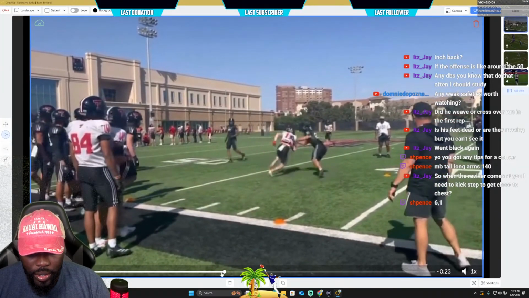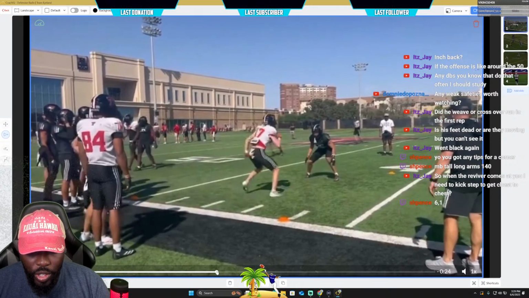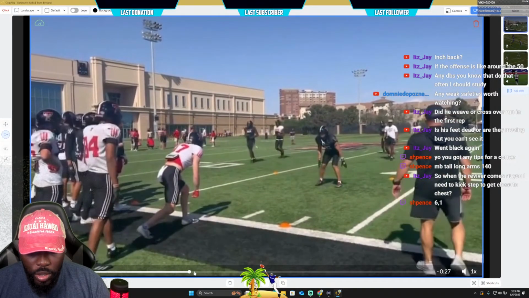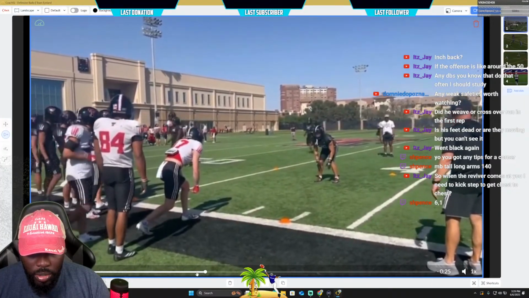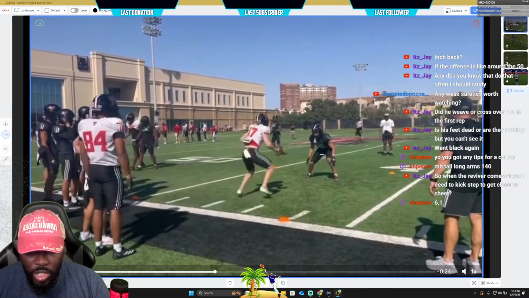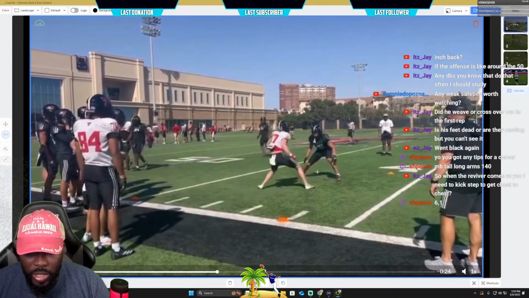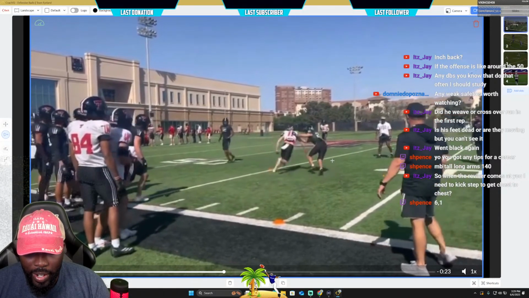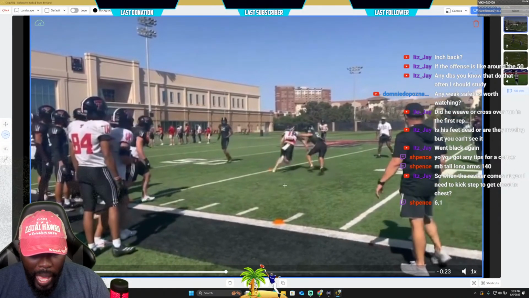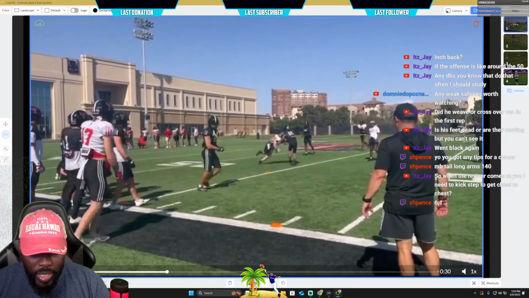So if you look at this rep compared to this, is it the same rep? This rep, he's staying square, which is good, but watch what he does. Open the gate, right? Still in decent position, not bad, but look at that position compared to that position.